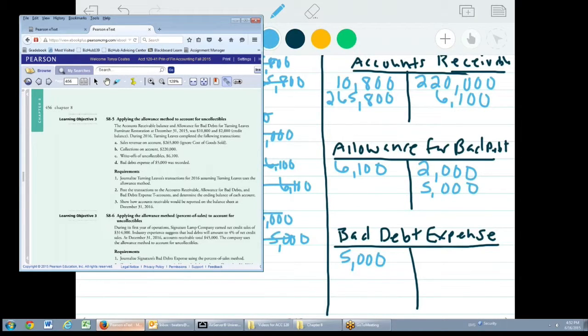So add your debits and then subtract your credits. And we should be left with a balance of $50,500. It doesn't hurt to double check your work.